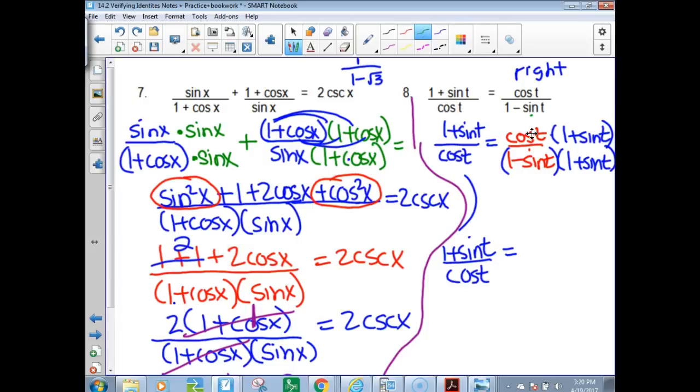So let's see, I think we should distribute. I don't think so. You see how I've got that there already, and somehow I'm going to get rid of this? See what I want to have? Don't distribute.